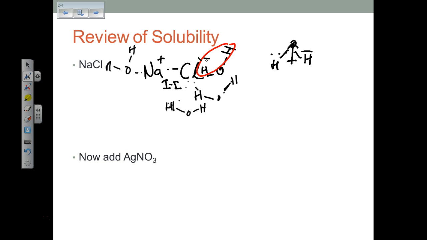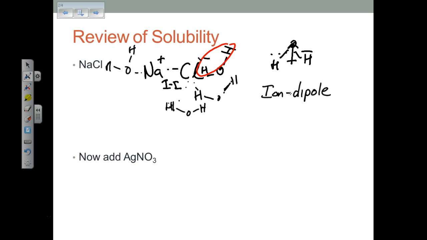This is called solvation, when water surrounds ions. So what you have is a competition of forces that causes solvation, and then eventually the ion-dipole forces will win out for those compounds that are soluble.